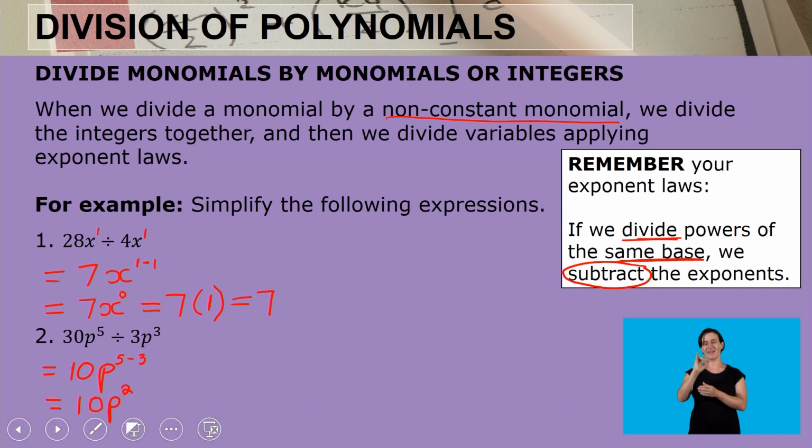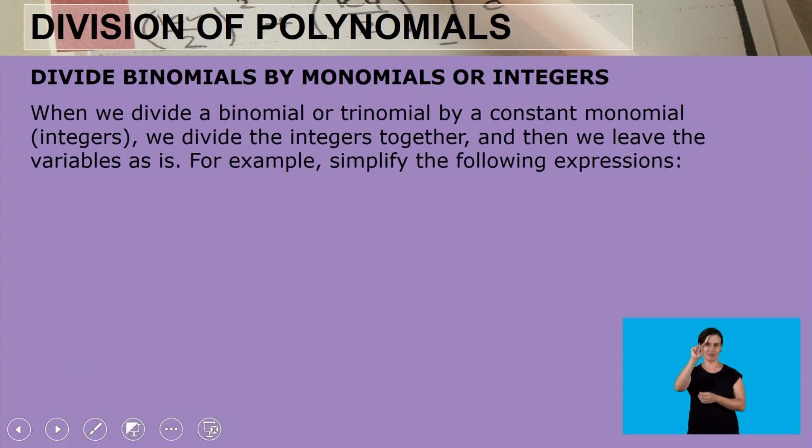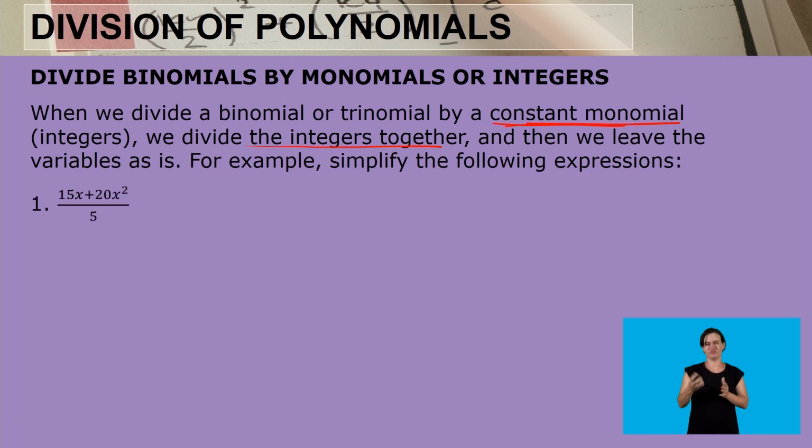Let's check when we divide binomials. When we divide a binomial or a trinomial by a constant monomial, we are going to divide the integers together and the variables are going to stay as is. So now we are dividing binomials or trinomials. Let's start with the binomials. As an example here, we have 15x plus 20x squared divided by 5.